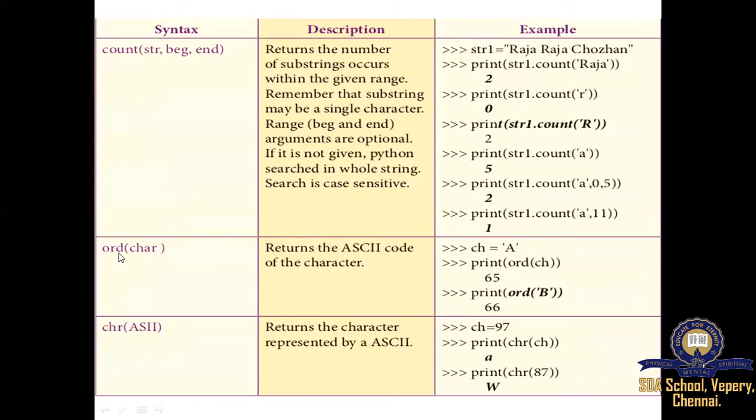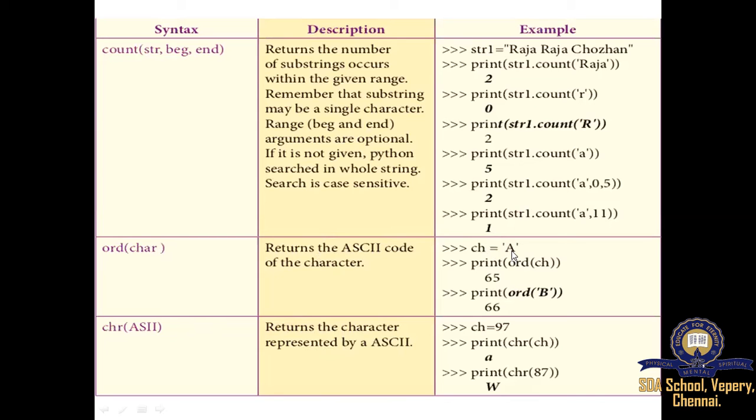You already learned in your last few chapters what is ORD. This function can convert the given ASCII code to character. CHR, vice versa of your ORD, this function returns character represented by the ASCII. So if they use your ORD, what is CH? A variable.